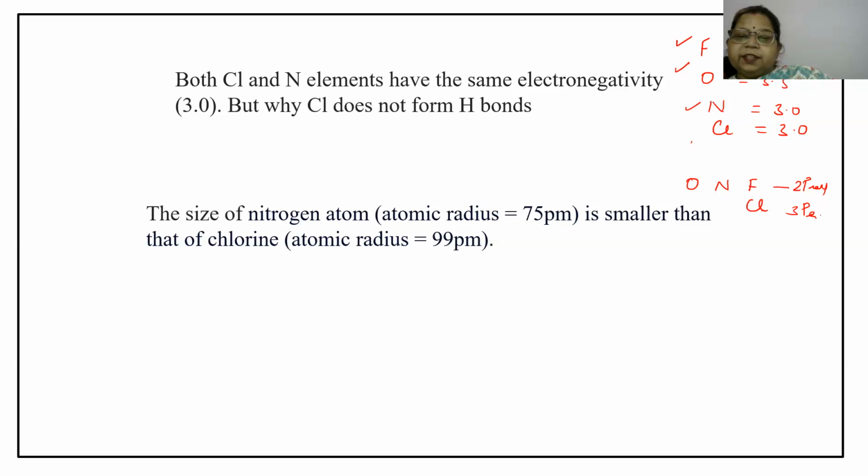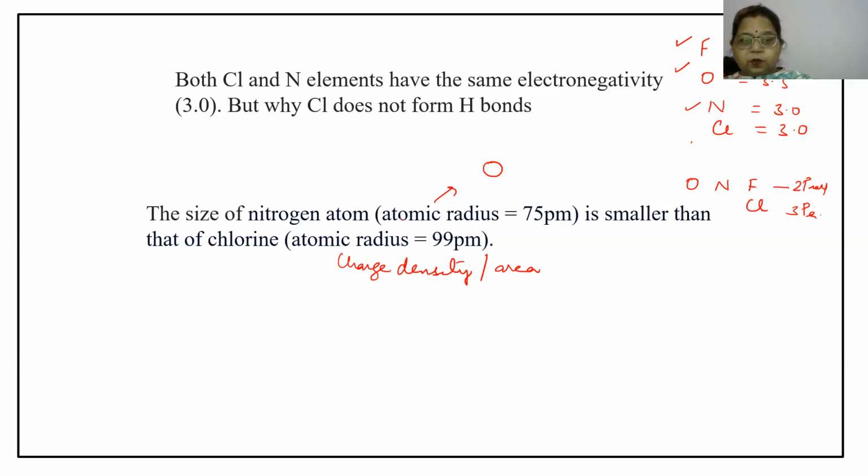If the size is smaller, we use the term charge density per unit area. It means in case of nitrogen, the size will be this much, and the electronegativity character will be spread only over a small area.